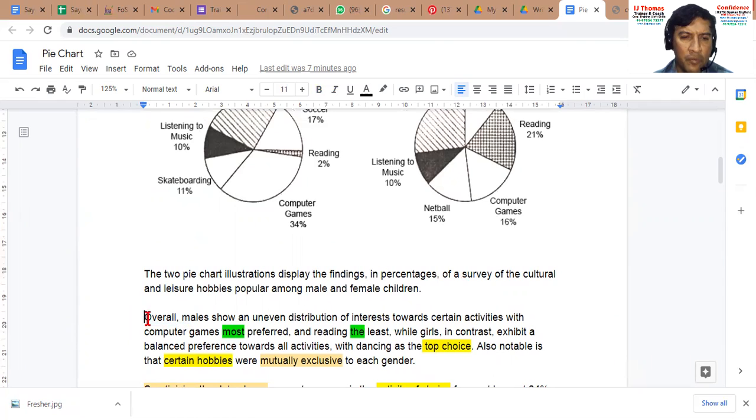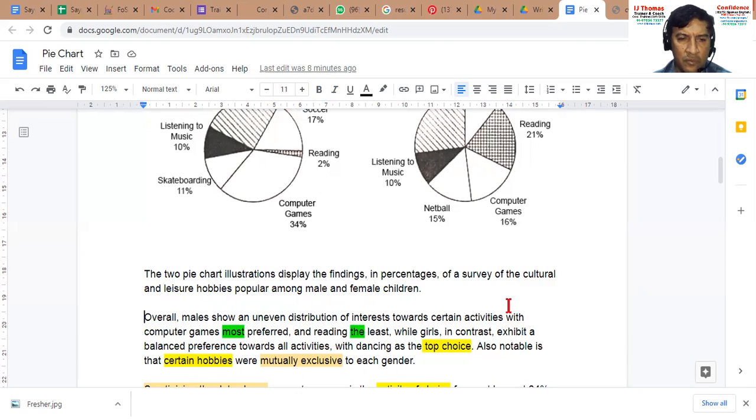Overall, males show an uneven distribution of interests toward certain activities with computer games most preferred and reading the least, while girls in contrast exhibit a balanced preference towards all activities with dancing as the top choice.